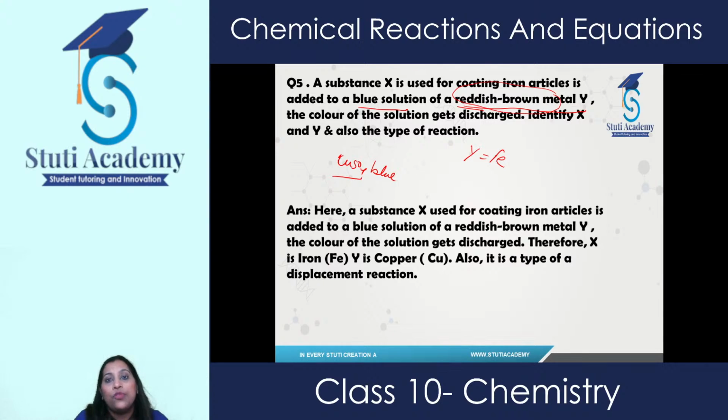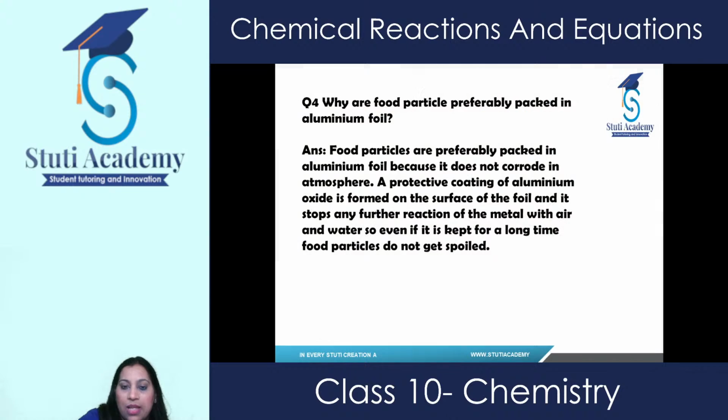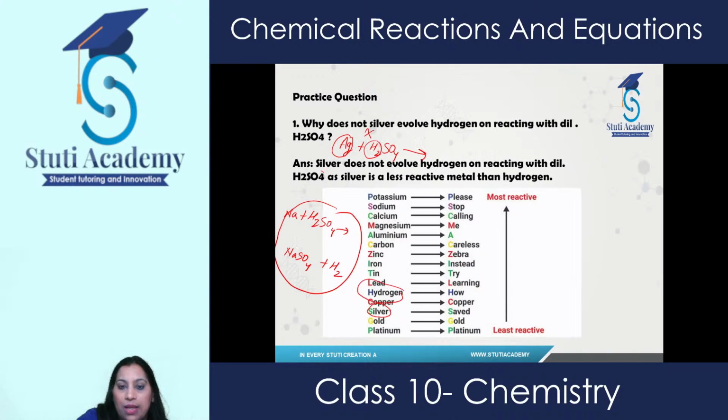So in this you have to identify. So here substance X is iron and this Y is copper. And when iron and copper react with each other, it's a type of displacement reaction. I'll just show this reactivity series again. Iron and copper.